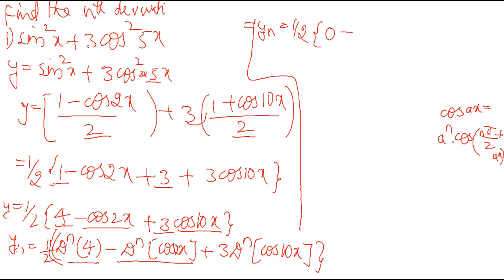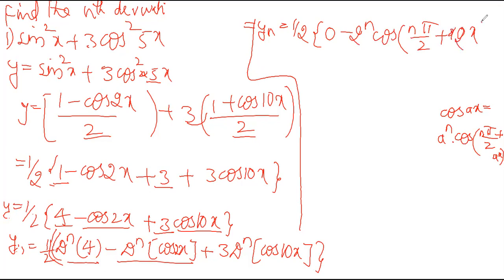That is 2 to the power of n into cos of n pi by 2 plus 2x. Sorry, 2x is there, not 10.